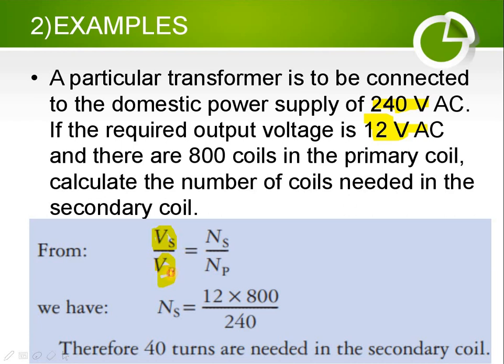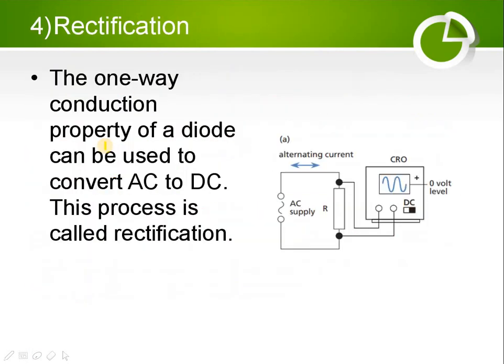Primary is 220 volt or 240 volt, and the number of turns of the primary is fixed, for example, at 800. They want to select the number of turns of the secondary. By using this formula, they find that 40 turns, for example, are required. So they use 40 turns for their transformer. These are some questions for your practice. I will provide you this file and you should definitely try yourself.